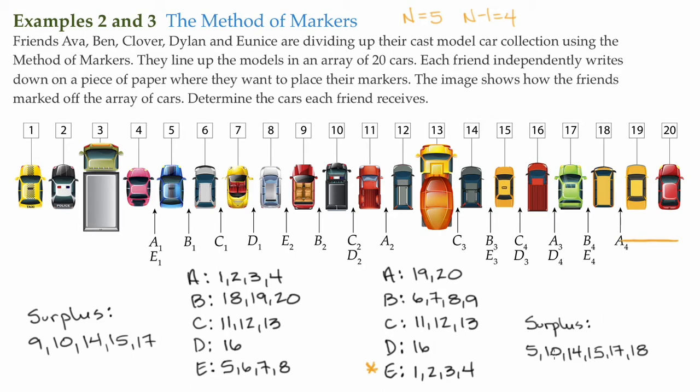And again, don't forget for the surplus, it's up to the players to decide how they want to distribute the surplus. Usually it's done randomly. But again, if we go ahead and we add up all the cars here, it should come out to be 20, which is the 20 cars in the array.